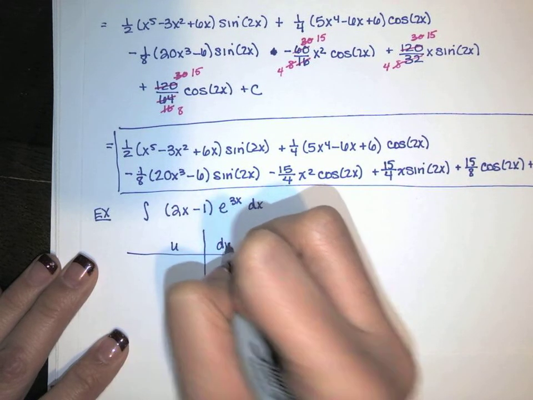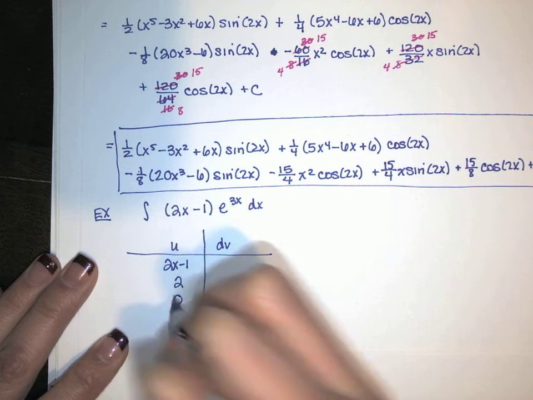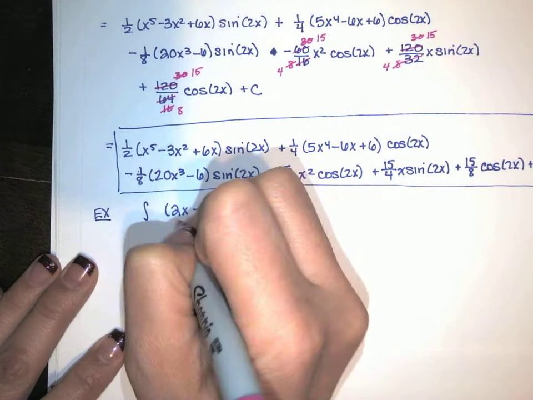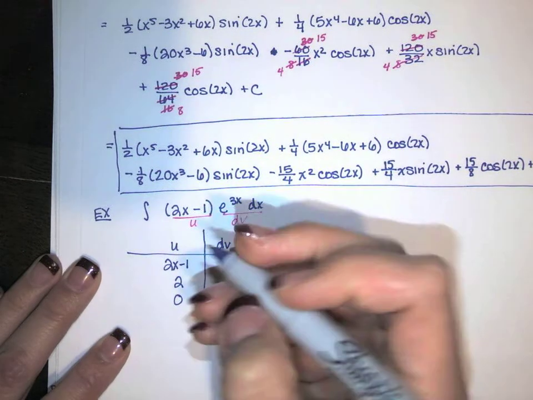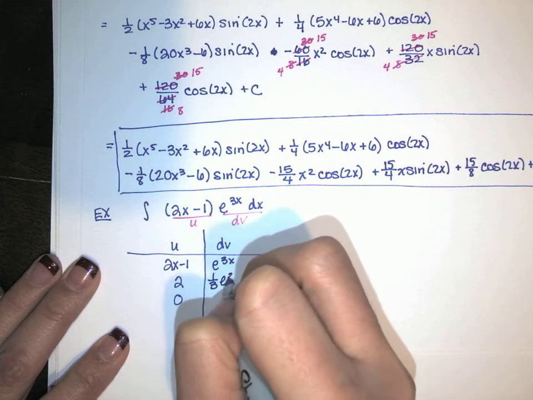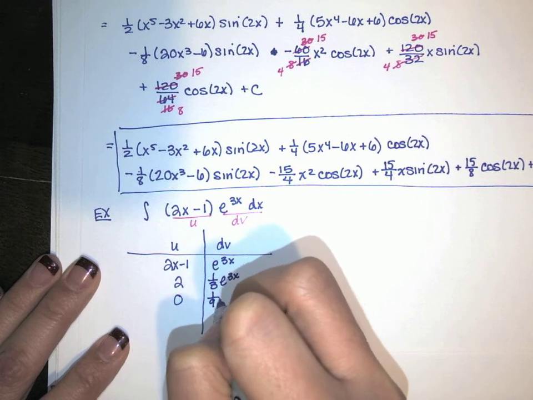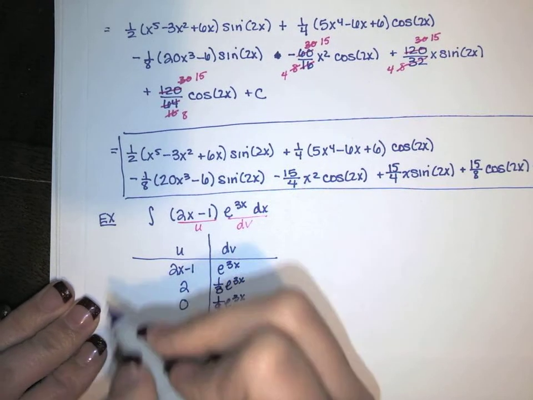U goes here, dv goes there. Use the polynomial. Take the derivative until you get 0. dv is the exponential. Anti-differentiate until you catch up with the 0. Dividing by that 3 every time, or multiplying by 1/3, same thing.